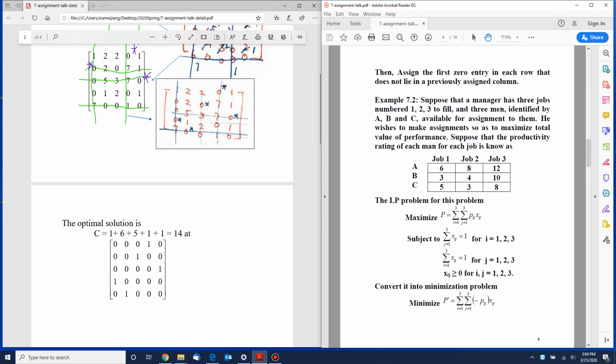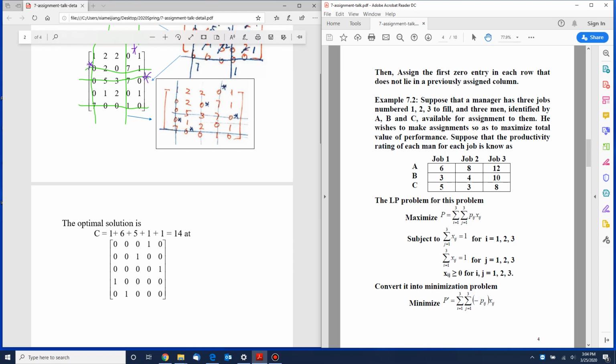If you are a manager, you have some different jobs you want to assign to your staff, and you know how good they are at each of the jobs. So you may want to use an LP problem, the assignment problem, to give the job to the person more suitable for it.